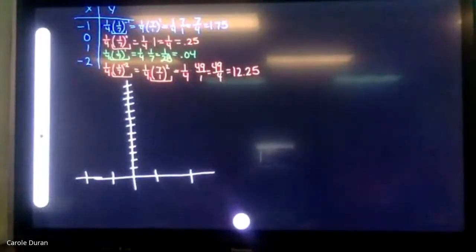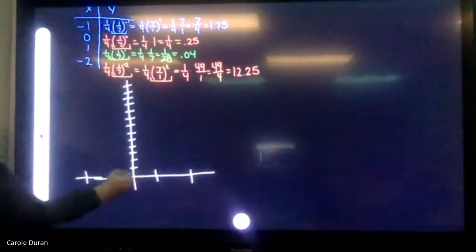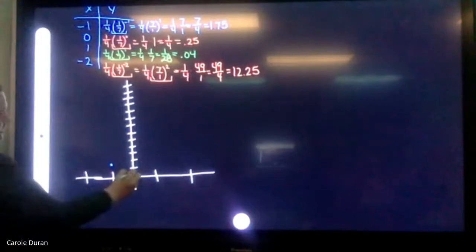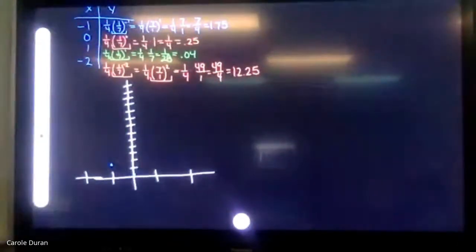So the first one I put down is -1, 1.75. So I go to -1, and I go up between 1 and 2 because that's approximately where 1 3/4 exists. It doesn't have to be exact because it's very hard to do that when you're hand drawing your own graph. But we should be able to get as close as possible. When I plug in 0, I get 1/4. So I go to 0, and I go to approximately where 0.25 or 1/4 is.